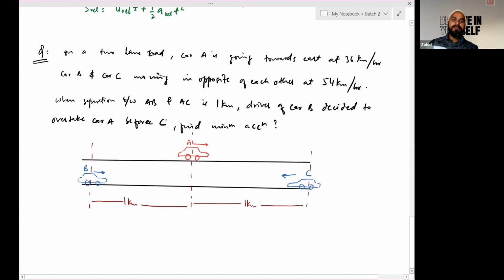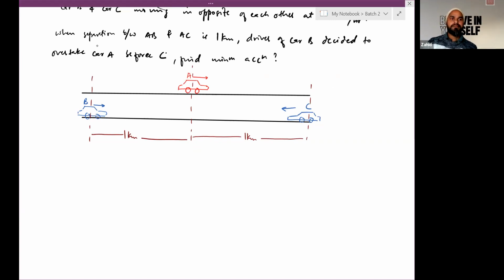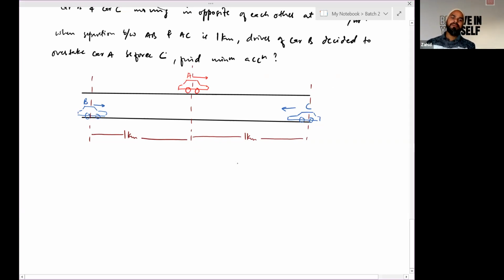So first we have to find time taken by A and C to cross each other. First, for A and C. As we have velocity of A with respect to ground is in east direction, which is positive x-axis, so it will be 36 into 5 by 18, that is 10 meter per second in positive direction.